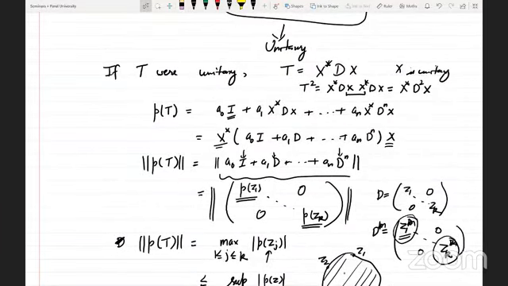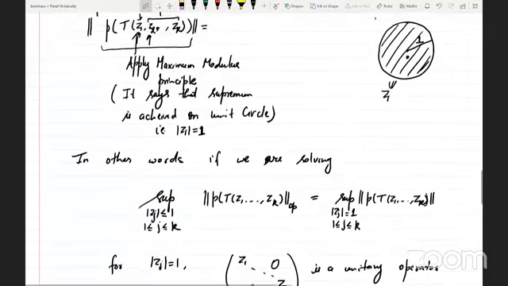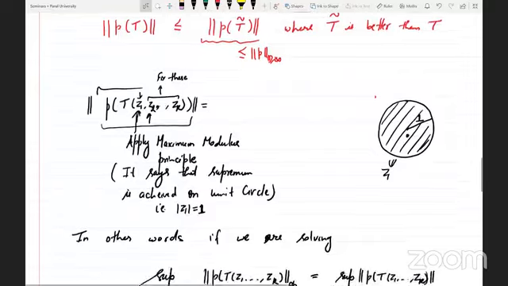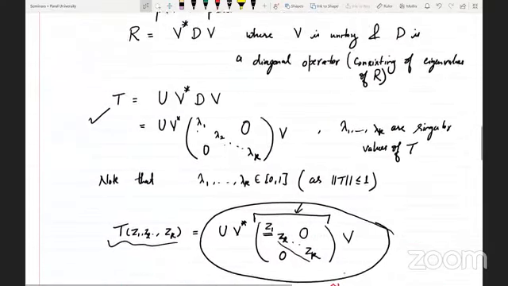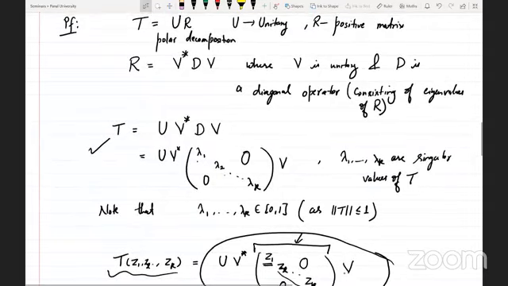I know I was a little vague here, but let's just see what exactly the idea is. The idea is using some standard results from linear algebra, like polar decomposition and diagonalizability of positive matrices and unitary matrices.